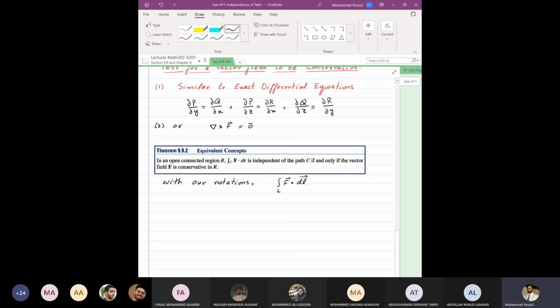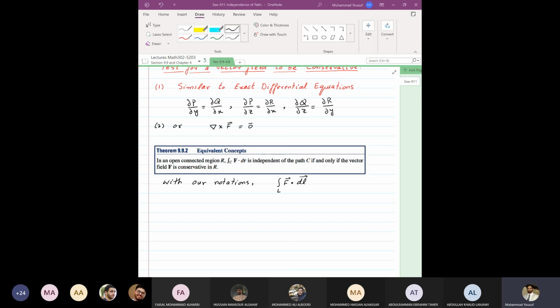In this book, they are using C for curve and dr. In our book, electromagnetics, we use L and dl. With our notation, it is F dot dl, which is independent of path. It only depends on the end points, not on the path. We go from point A to point B, if and only if this vector field is conservative.